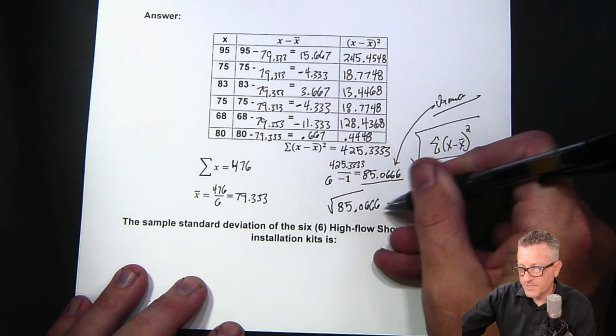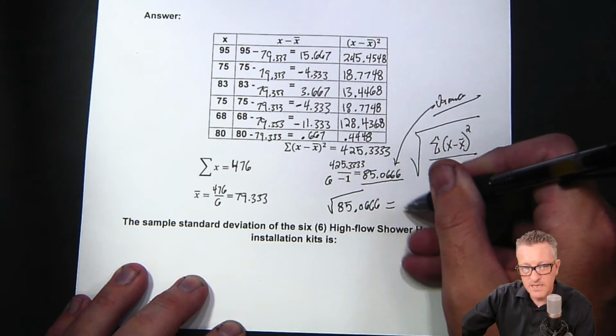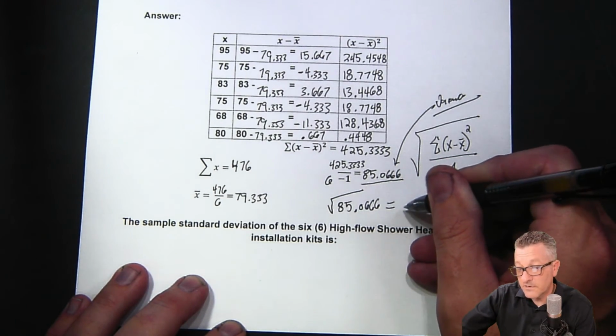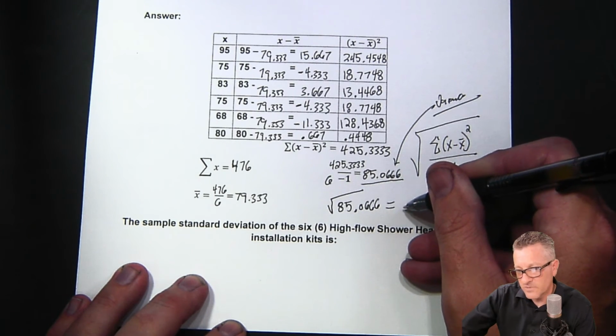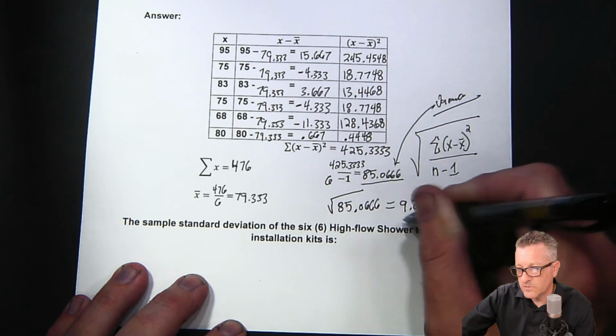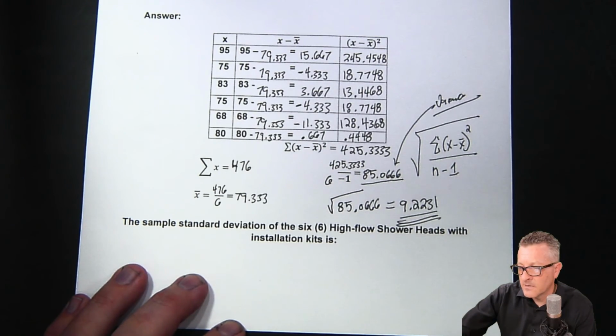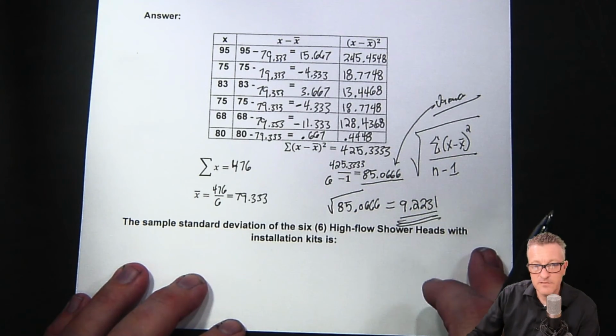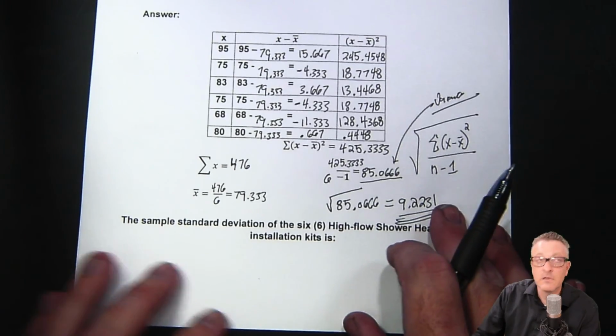So 85.0666 is the variance, and the square root will be the standard deviation, 9.2231. Okay. I usually do triple little lines underneath sometimes when I want to show the answer.